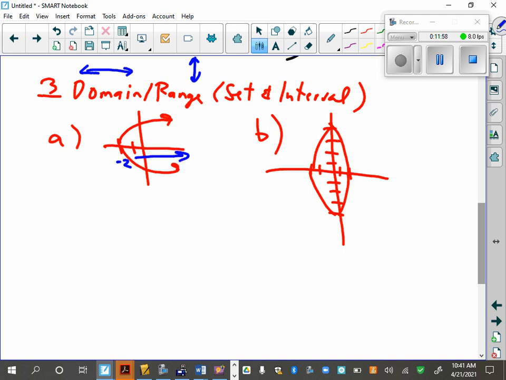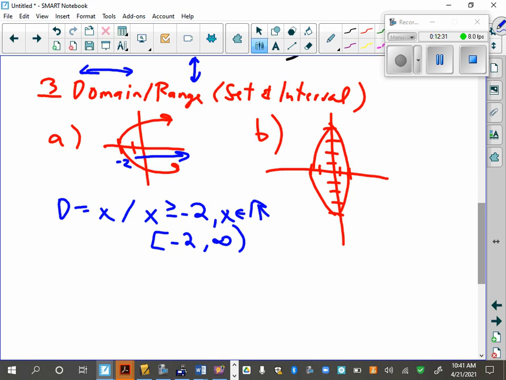So I'm going from negative 2 up. So the domain are all values of x, such that x is greater than or equal to negative 2, where x is an element of all real numbers. AKA in interval notation, someone tell me? David? Domain equals square bracket negative 2 through positive infinity, circle bracket. Good. Okay.